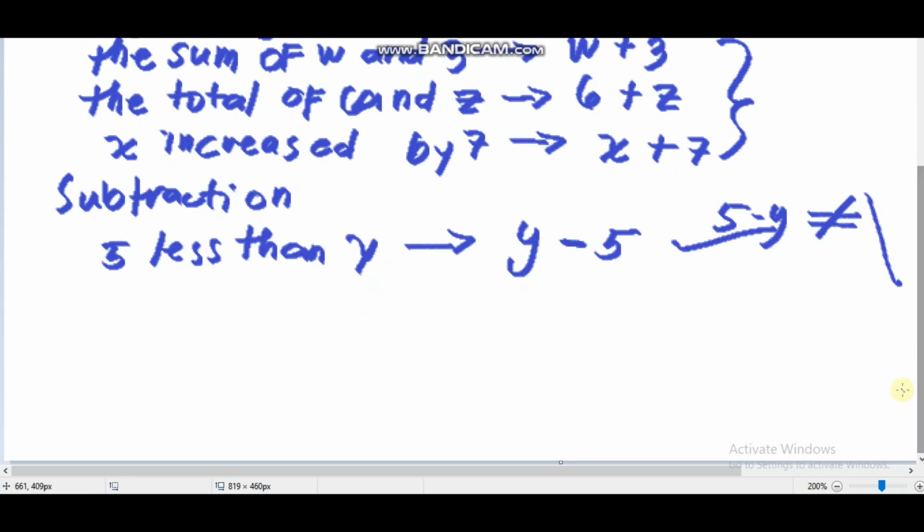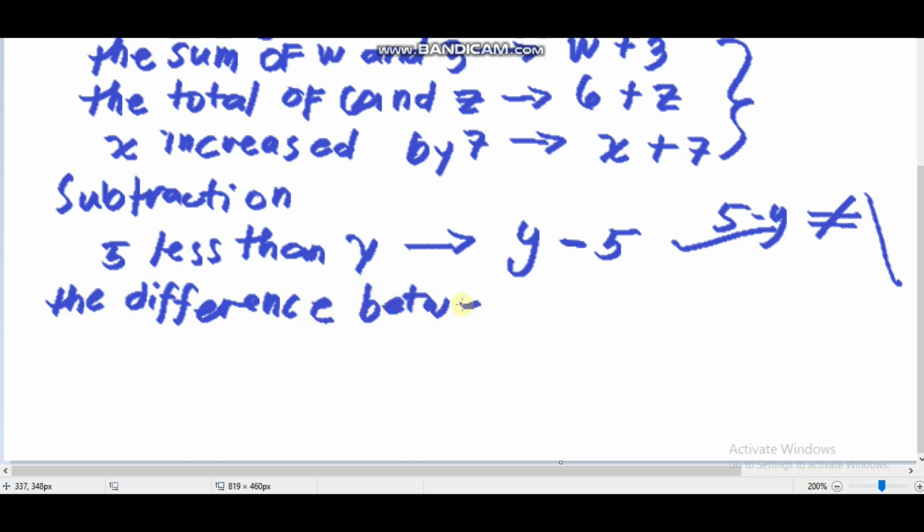Okay. Another example is the difference between W and 3. What is that? W minus 3.